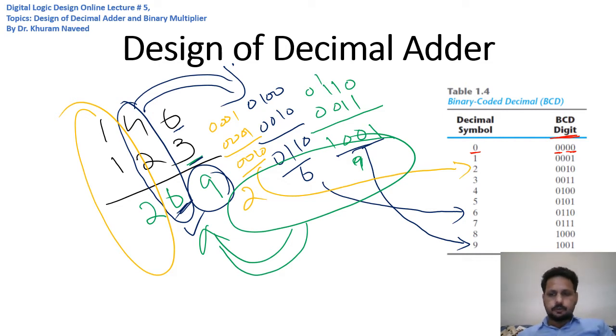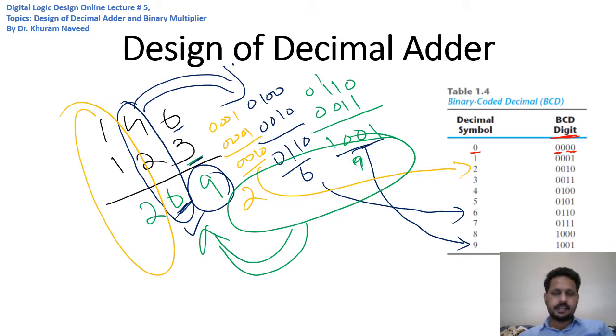Of course, there are going to be some challenges. In fact, the first example that I discussed to show the process that we follow on paper to add decimal numbers had that challenge.